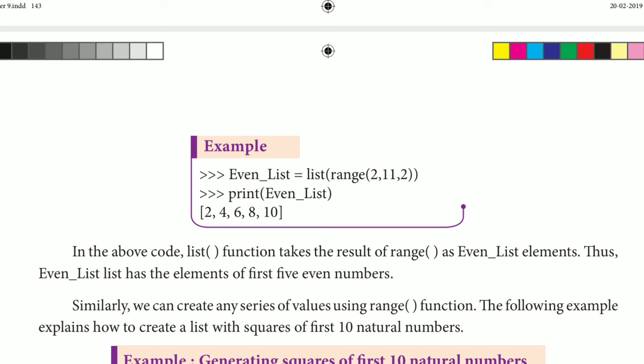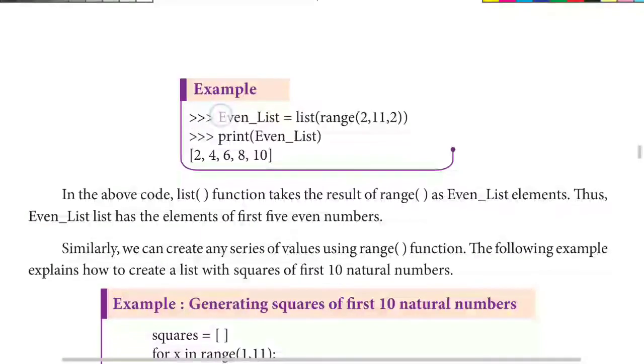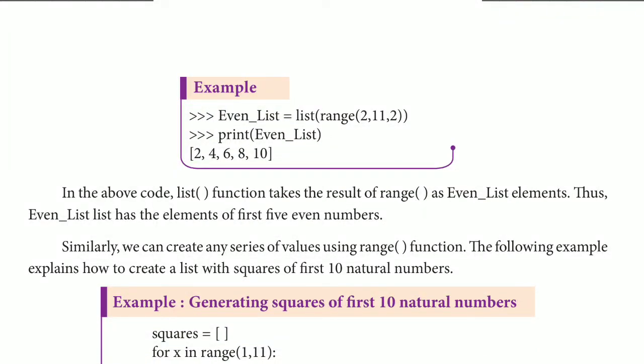Here they are printing the even list. It is printing as 2, 4, 6, 8, 10. So in the above code, the list function takes the result of range as the even list elements. Thus even list has the elements of the first 5 even numbers.